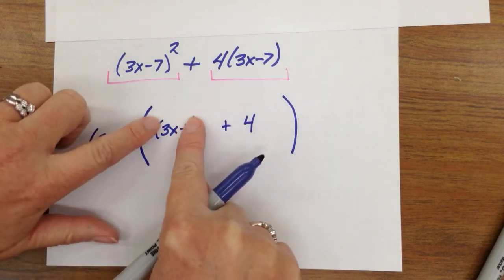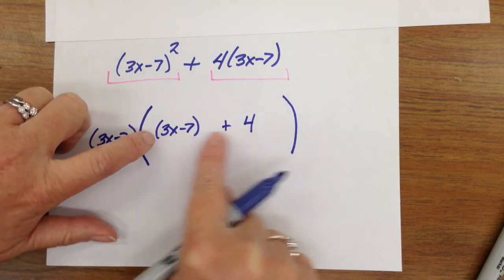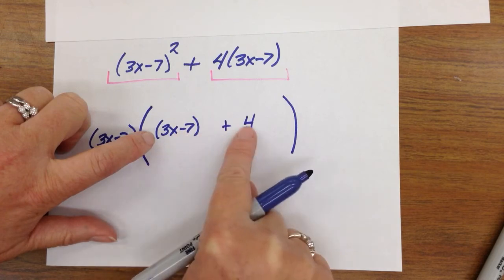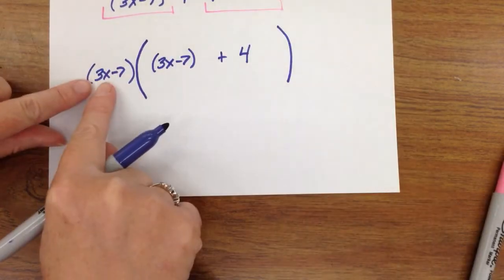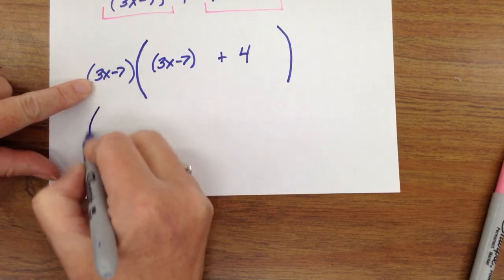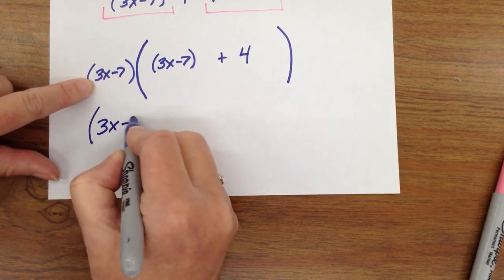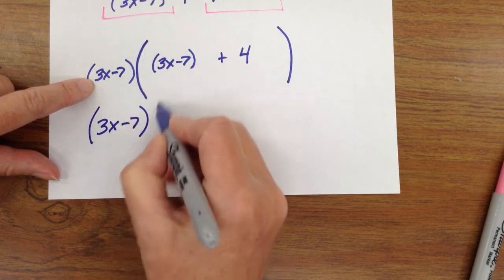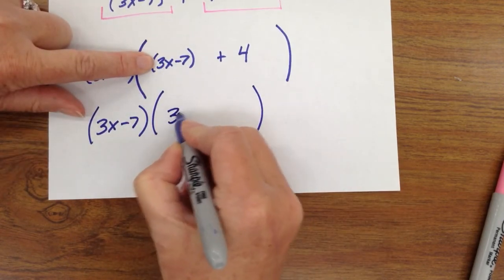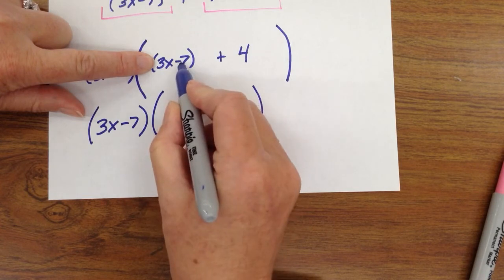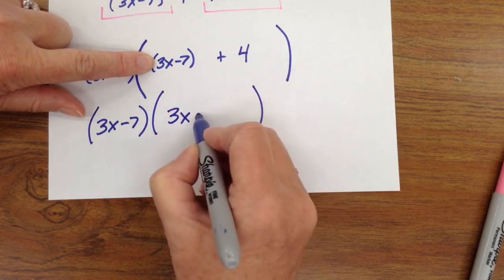So I can pretend they're gone, and I can combine the negative 7 and the 4. Yes, I can. Now, don't throw that away. Bring it down. Inside the big parentheses, we have a 3x, and negative 7 plus 4 is negative 3.